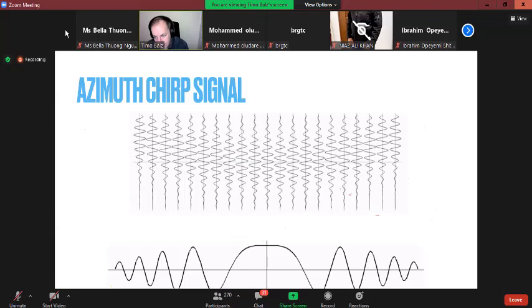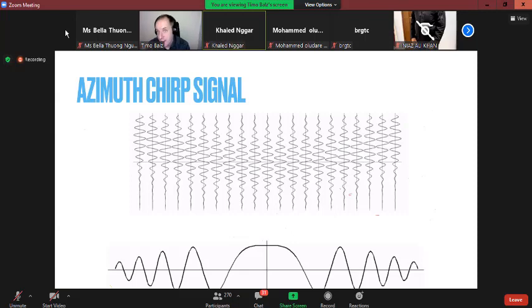So we have a range chirp signal and an azimuth chirp signal. And the advantage is that both of them are then also processed very similarly by comparing them to a reference signal. And so in range and azimuth, you have very similar processes in actually implementing it and processing the data.